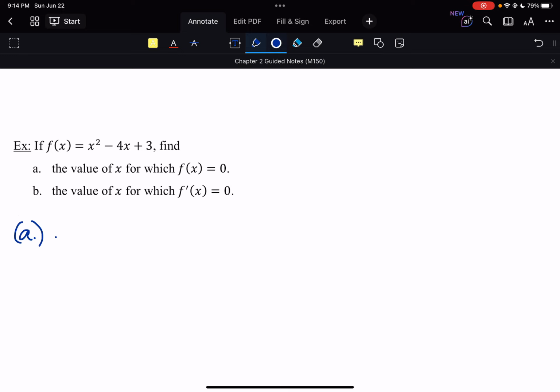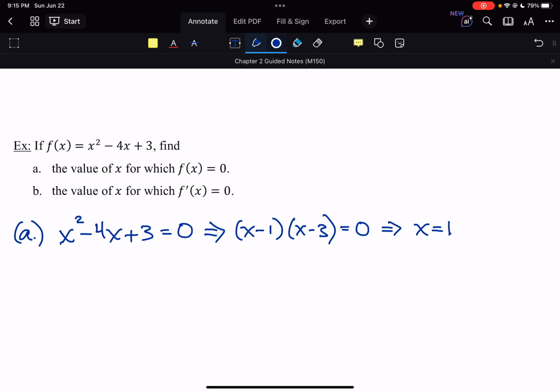So we need to find where x squared minus 4x plus 3 equals 0. And we can most simply do this by factoring. So we're going to get x minus 1 and x minus 3.